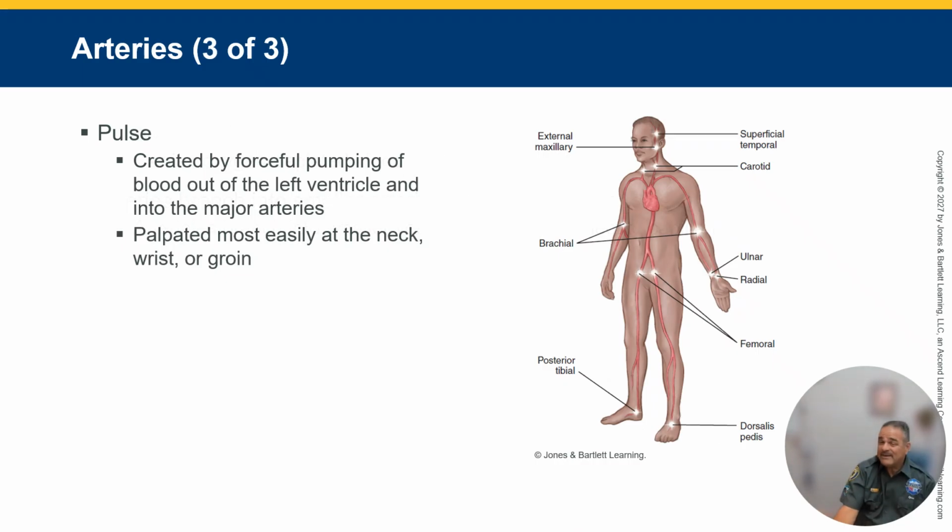Pulse, it's a wave. Like riding the wave, man. Every time the heart contracts, it creates a pulse. Pulse is created by a forceful pumping of blood. It's that simple. That's a test question. Out of the left ventricle into the major arteries. It's palpated most easily at the neck, the wrist, or the groin.